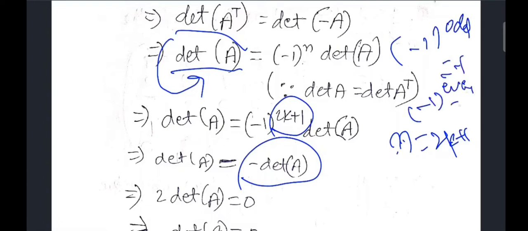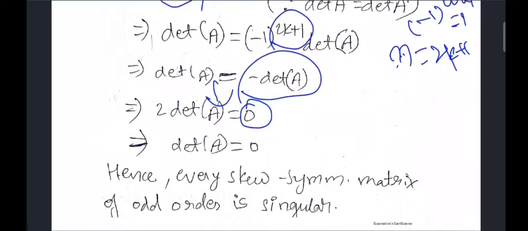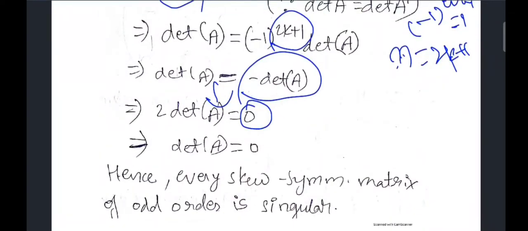You have already learned this. So clearly, 2 times the determinant of A is equal to 0, and after you get that, the determinant of A is equal to 0. So every skew symmetric matrix of odd order has determinant equal to 0. So every skew symmetric matrix of odd order is clearly singular.